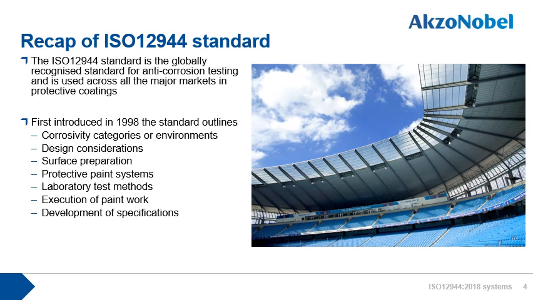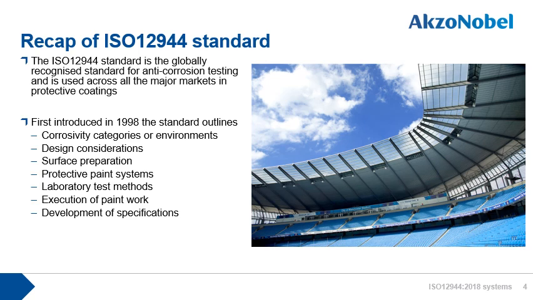Part 3 of the standard deals with the basic criteria for the design of steel structures to be coated with paint systems in order to avoid premature corrosion and degradation of the coating or substrate. Surface preparation. Part 4 of the standard covers recommendations for surface preparation to minimize the risk of premature failure of the coating system.